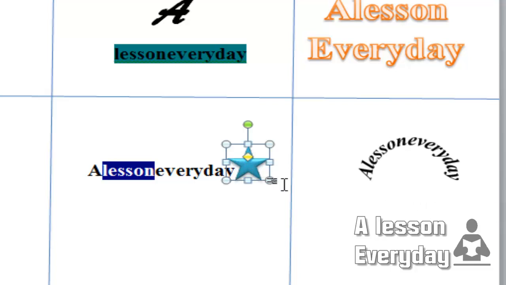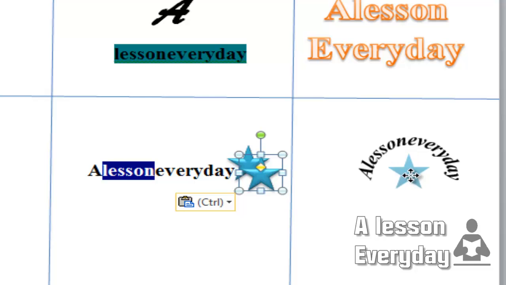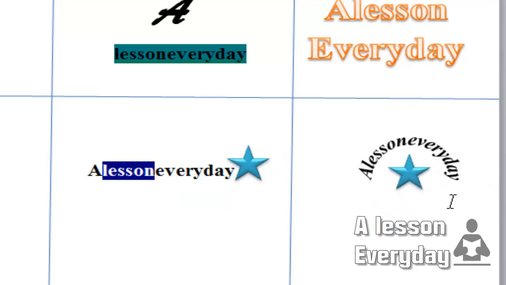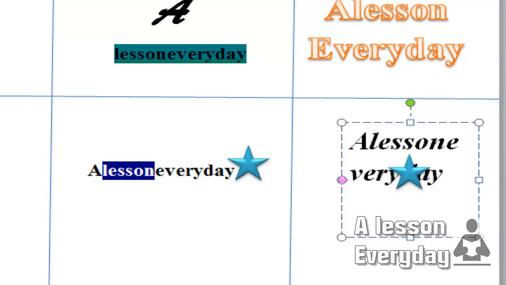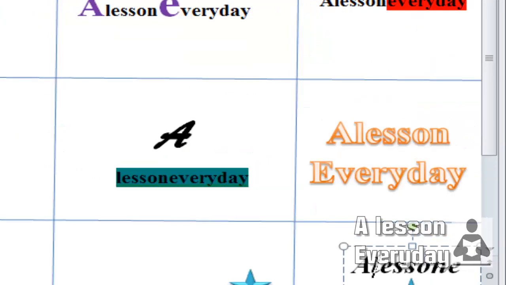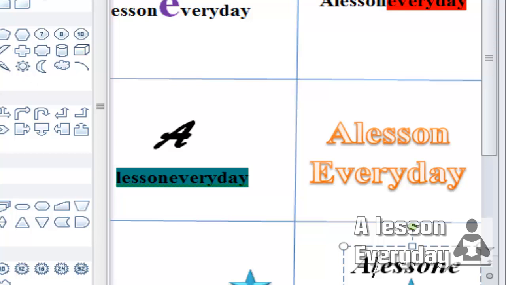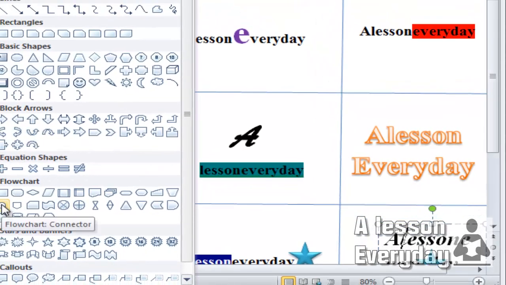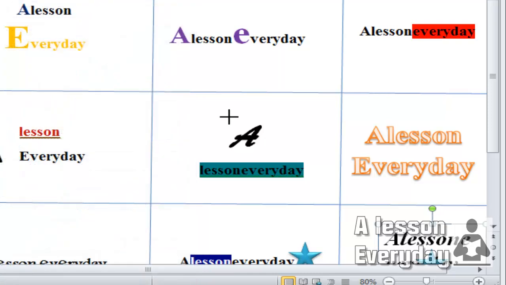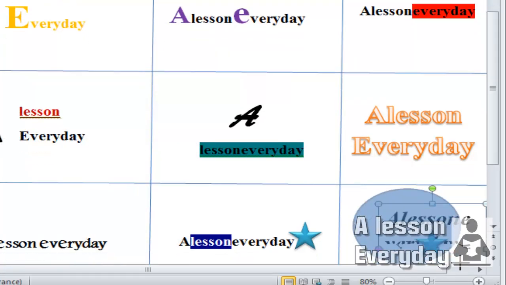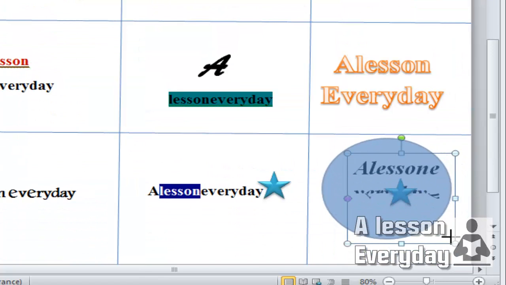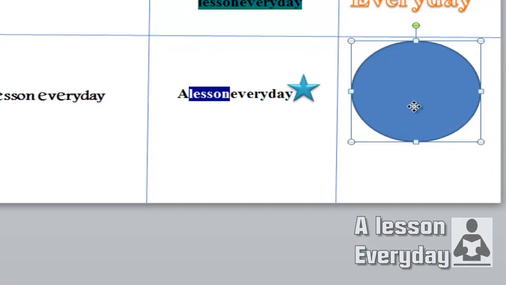I can put this star right here. I can totally insert a shape here. For instance, let's see the circle. Let me find a nice circle if I want to. Maybe it's not 100%.